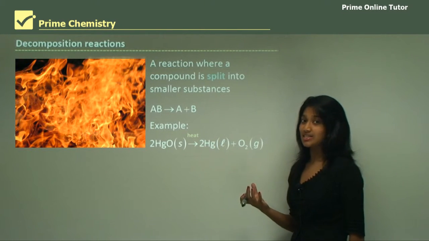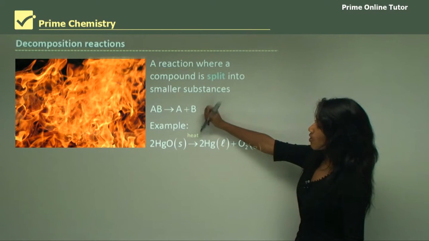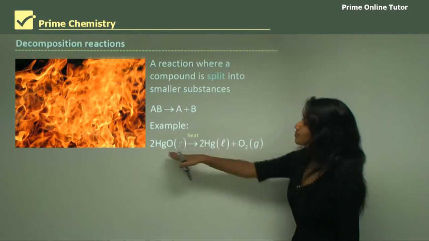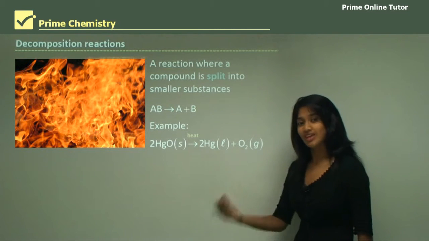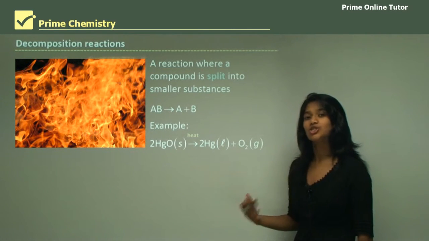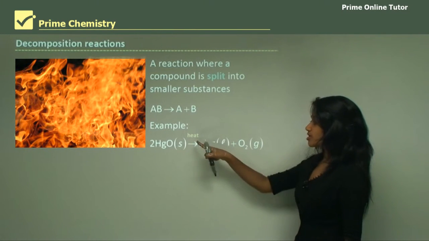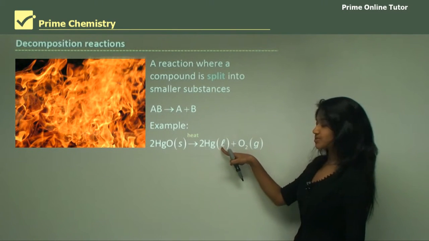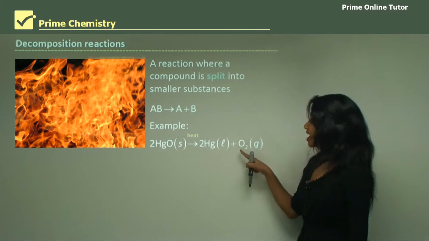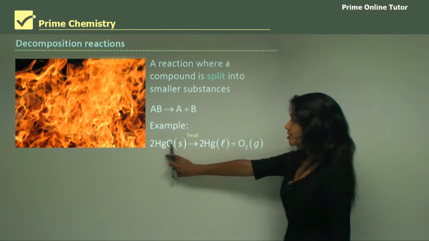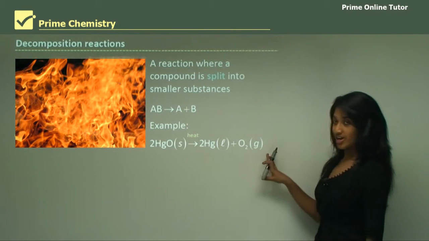A catalyst is needed, so heat is needed for the mercury oxide to react. In other words, it's a trigger, or it provokes the reaction. So it reacts to give us mercury, a metal, and we get oxygen as a gas. So we have mercury oxide giving us mercury and oxygen.